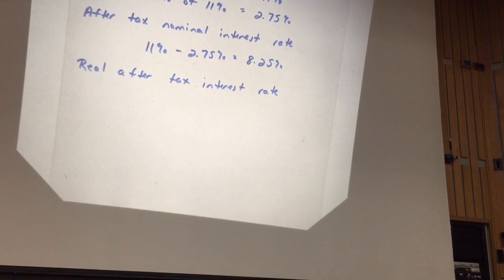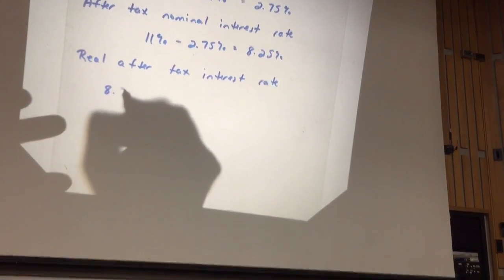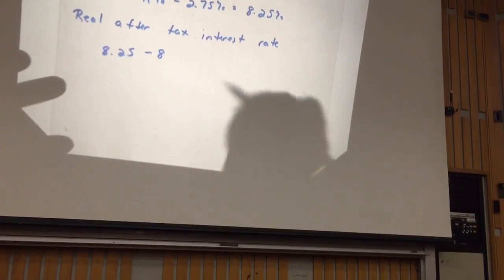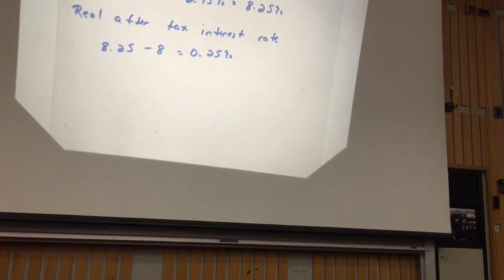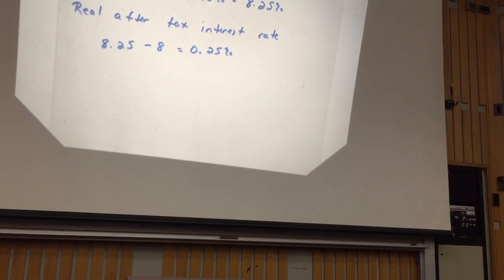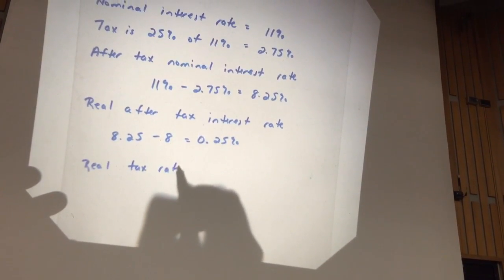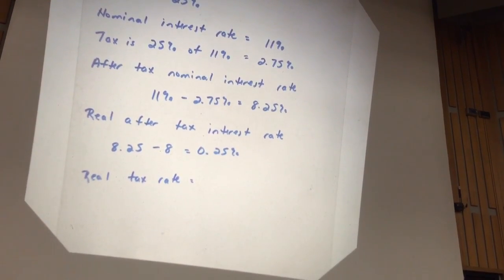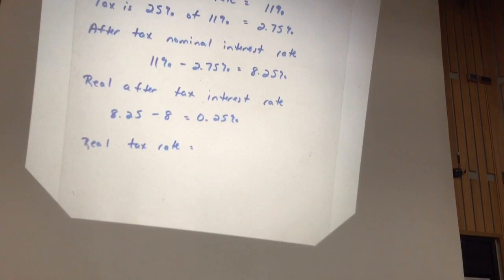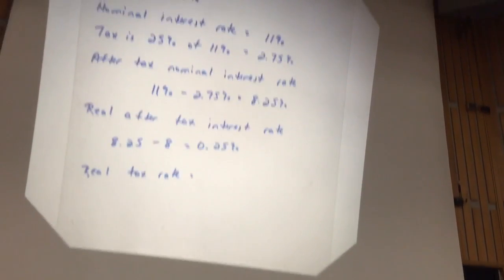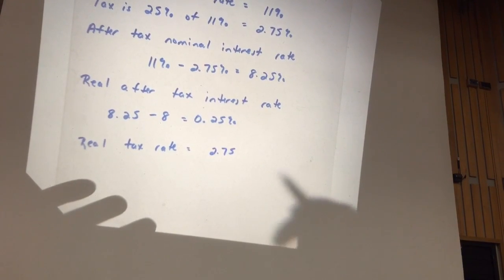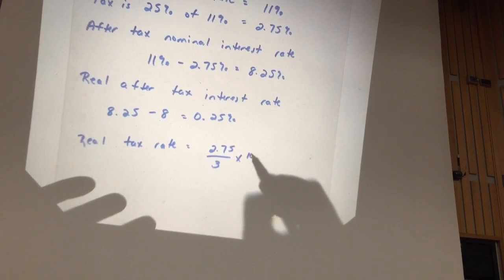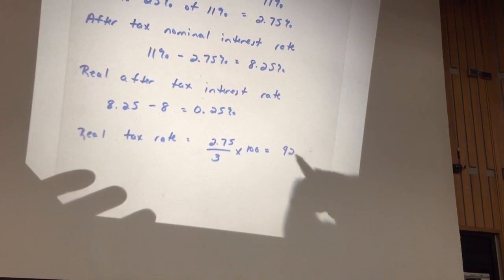My real after-tax interest rate is my after-tax nominal interest rate minus my inflation rate, which is a whopping 0.25%. So my real tax rate is, so I was making 3%, and my after-tax return is 0.25. That means the amount of real tax I'm paying is 2.75% divided by 3 times 100. My actual tax rate is, I get that to be 92%.